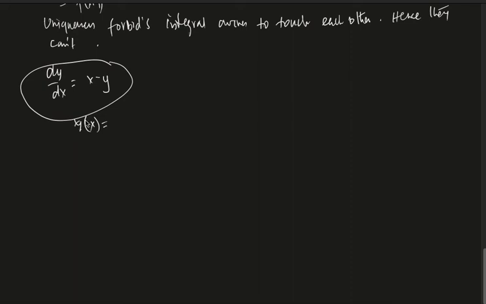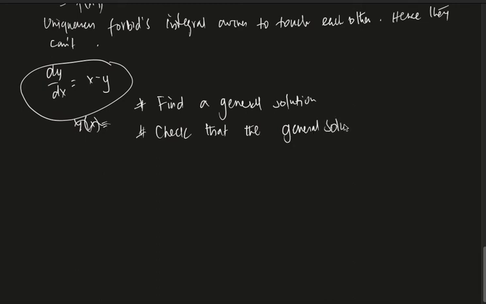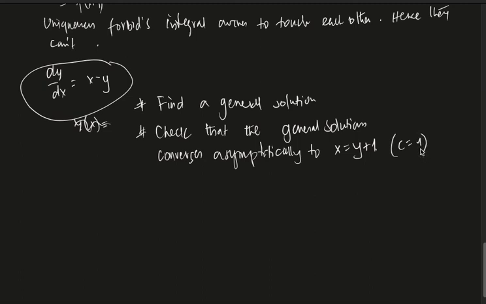Find a general solution, and check that the general solutions converge asymptotically to x equals y plus 1, corresponding to the slope c equals 1.